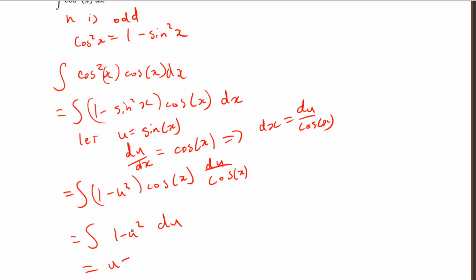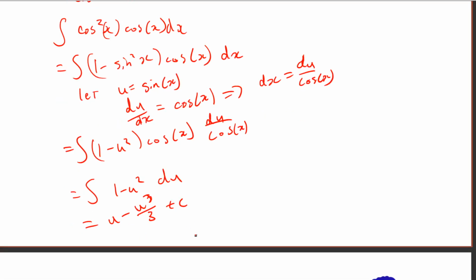So I have u squared, I raise the power, it'll become u cubed, and then I need to divide by the power, so u cubed on 3 plus c, and then I'll change this to be in terms of x. So I had u equals sine x, so this is sine x minus sine cubed x on 3 plus c.